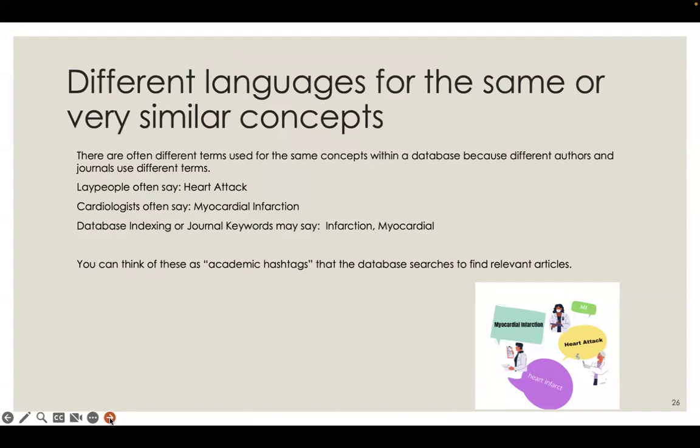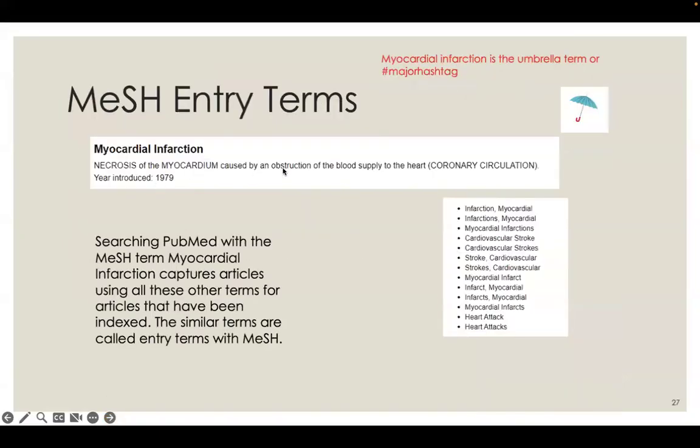So different databases use different terms for the same or similar concepts. So you might have different terms for heart attack here. And with MeSH, these are medical subject heading entry terms. These are used in Ovid Medline and in PubMed.